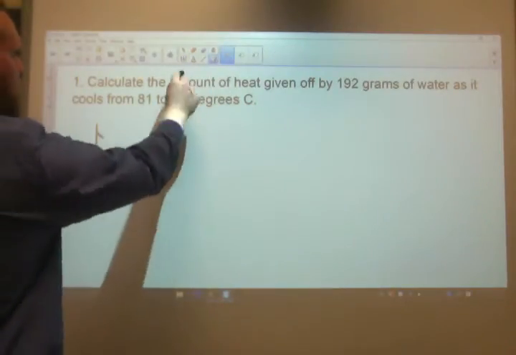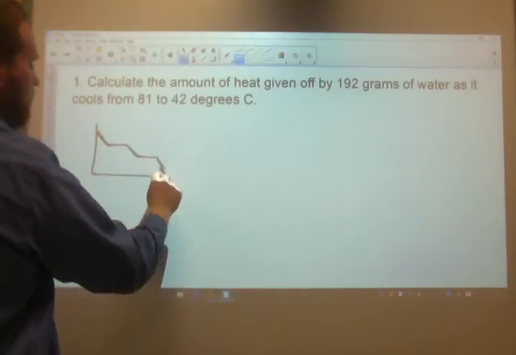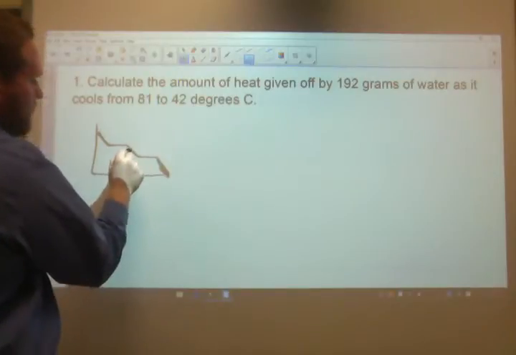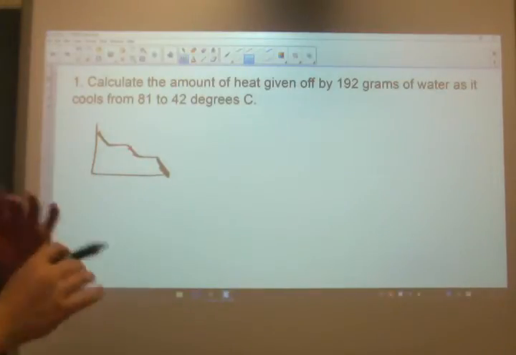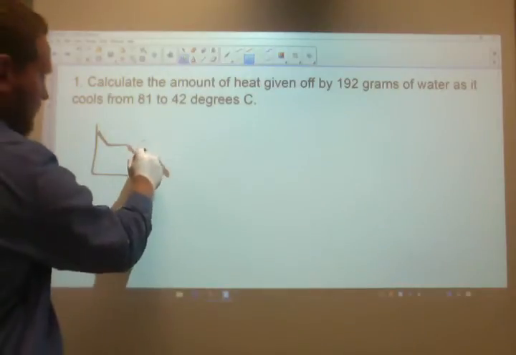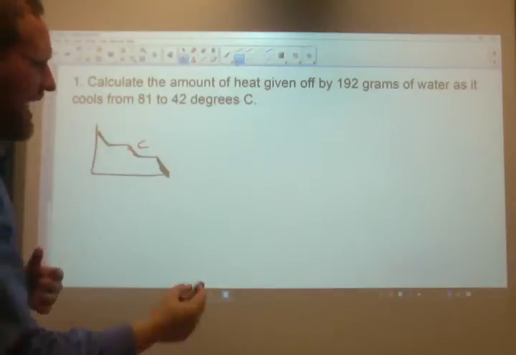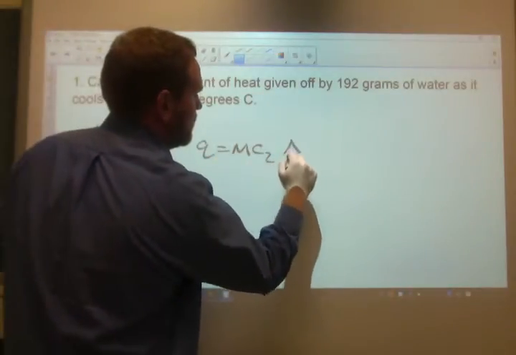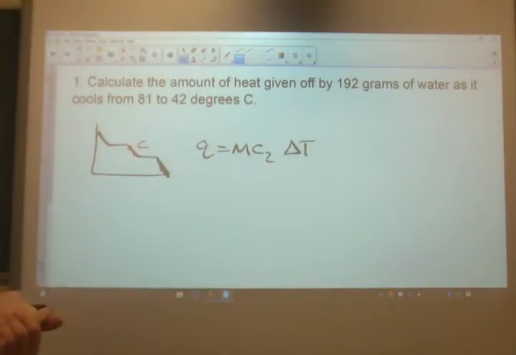1, 2, 3, 4, 5. Okay? So I have water at 82, which is right about here. It's ending at 42, which is right about there. So I'm confined just to level C, just this middle part. So the formula here, if you go back, Q equals mC2 delta T. Now that C2 is the liquid specific heat capacity.